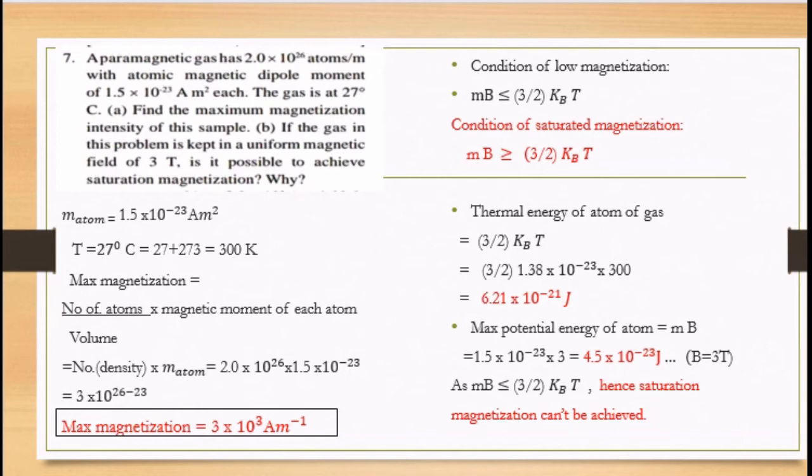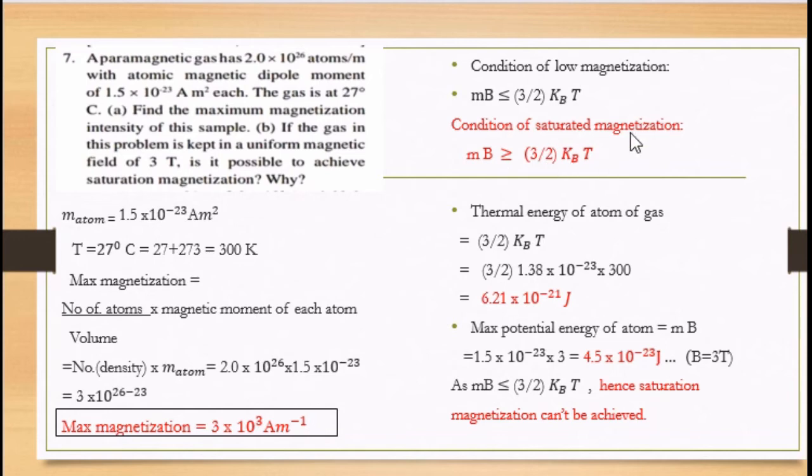For this, as they ask, we have to first understand the condition of the saturated magnetization. The condition of low magnetization is MB less than or equal to 3 by 2 kBT, and the condition for saturated magnetization is that the value of MB should be greater than or equal to 3 by 2 kBT.